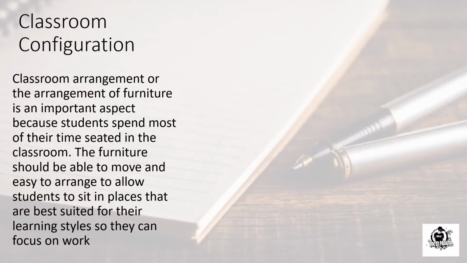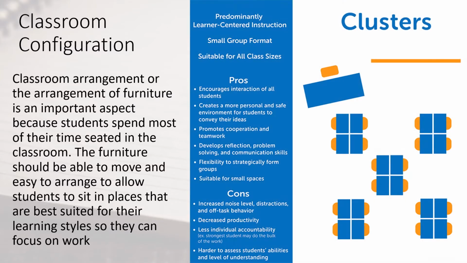Another type of classroom configuration is called clusters. This is predominantly learner-centered instruction for small groups, cell groups, and is suitable for all class sizes. The pros and cons are listed in the figure. You can just take note of that, and I'll show you another type of classroom configuration on the next slide.